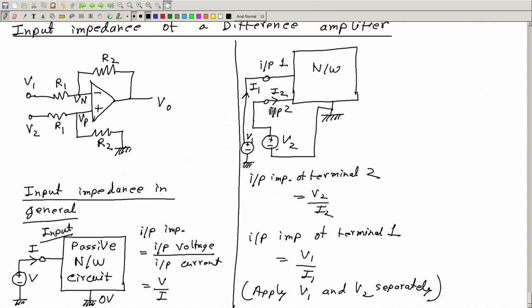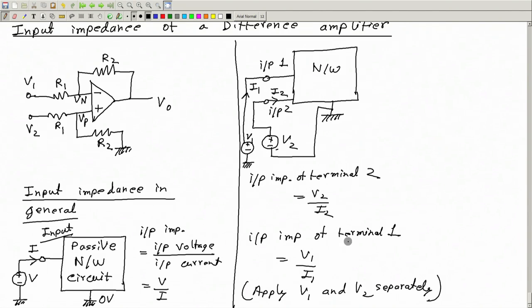So, in general, we should apply one voltage source at a time, or make the other source equal to 0 when you apply the other one.